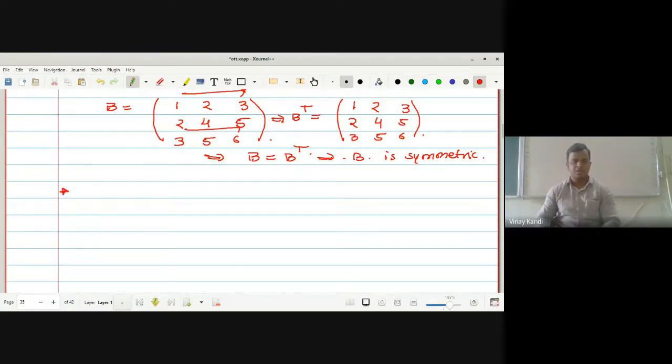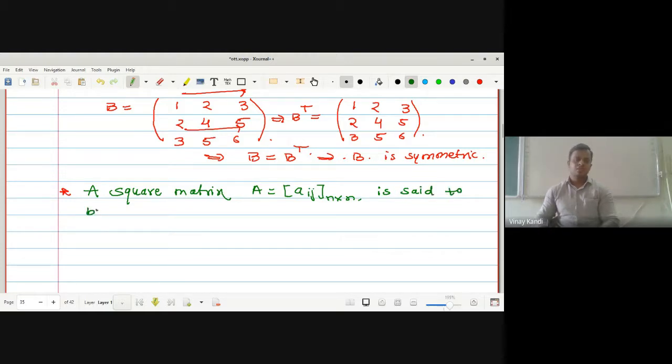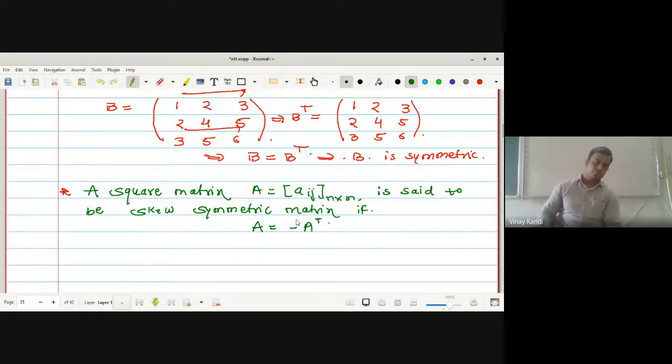The definition of a skew symmetric matrix: a square matrix A equal to Aij, with entries Aij of order n cross n, is said to be skew symmetric if A is equal to minus A transpose.